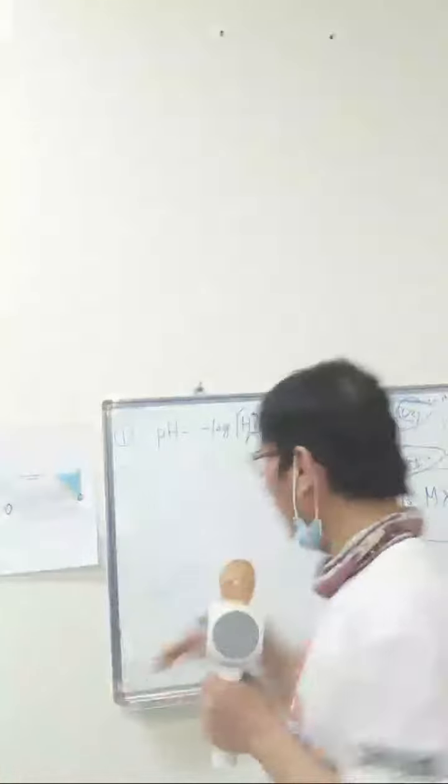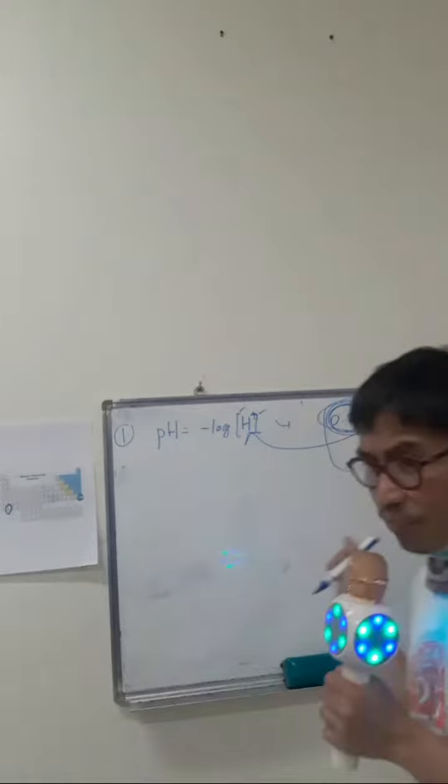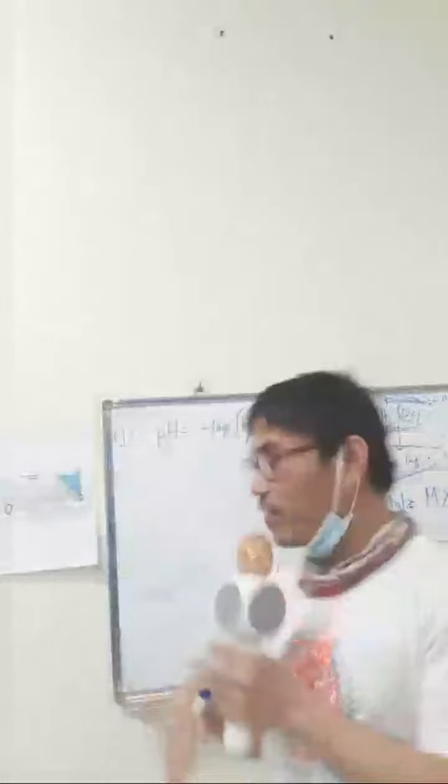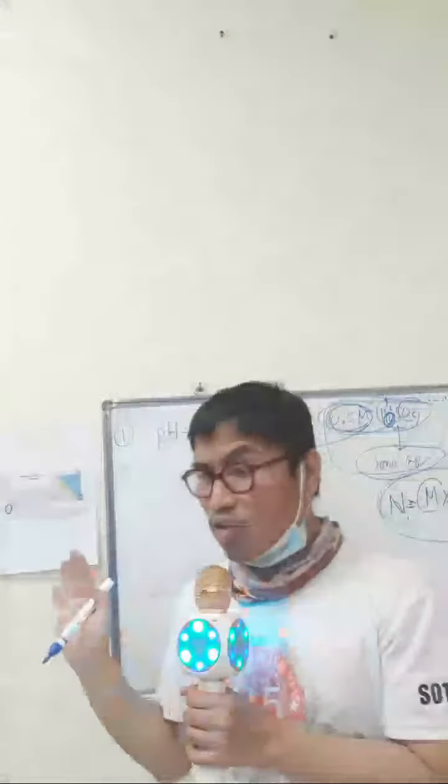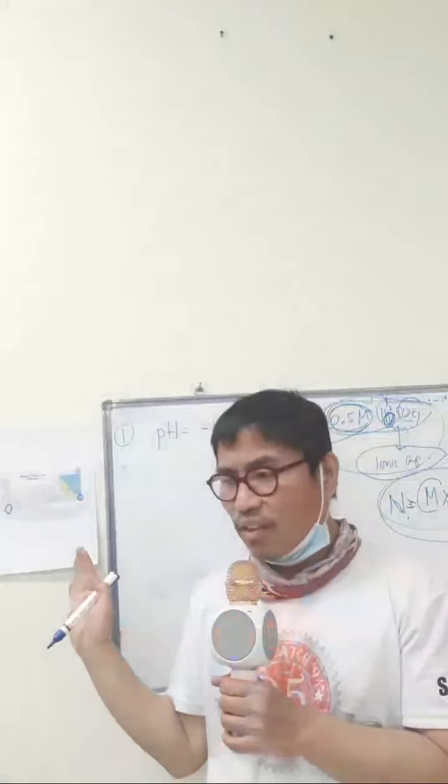So if normality is expected, it is the same: normality is equal to molarity times the replaceable H. Since molarity is 0.5, so 0.5 times 2, because there are 2 replaceable H positives that will ionize to combine with the polyatomic ion sulfate with a charge of negative 2.